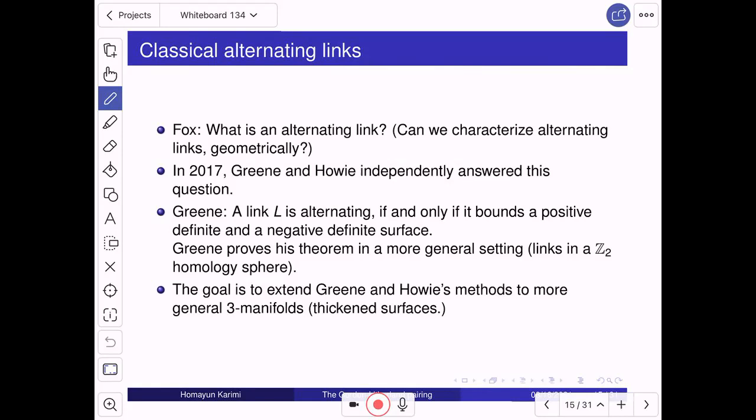Positive definite with respect to the Gordon-Litherland pairing means that, remember, we had a symmetric pairing. So a spanning surface is called positive definite if the Gordon-Litherland pairing is positive definite.